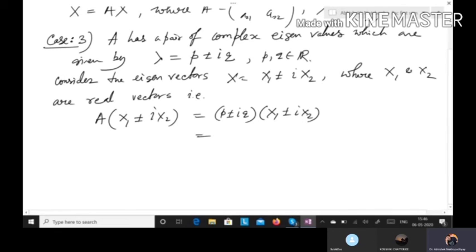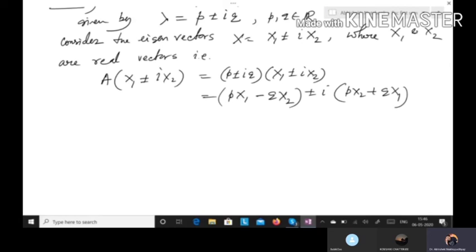Now by expanding this expression on the right hand side, we have px1 minus qx2 plus minus i(px2 plus qx1).